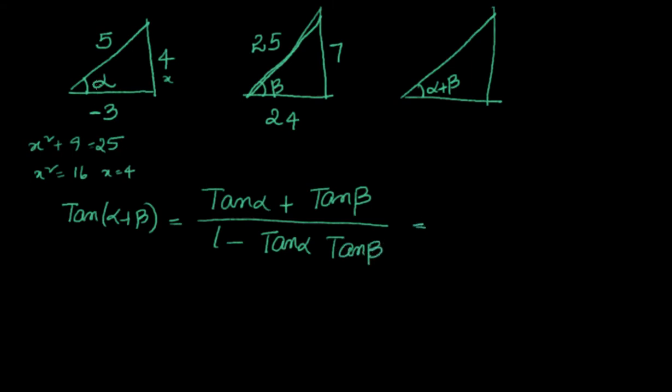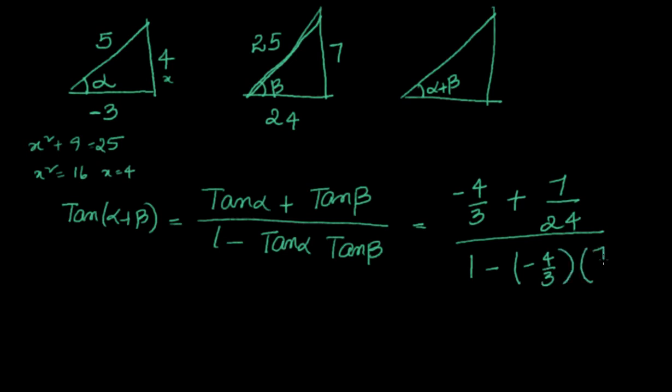We know tan alpha is opposite by adjacent, that is minus 4 by 3, plus tan beta, opposite by adjacent, that is 7 by 24, divided by 1 minus same thing, minus 4 by 3 into 7 by 24.